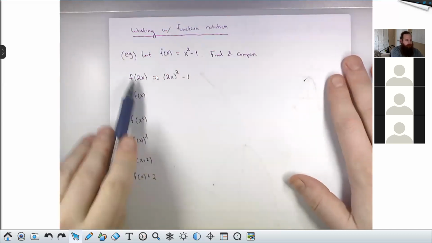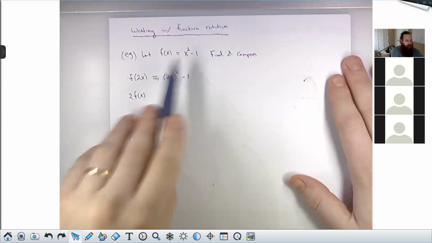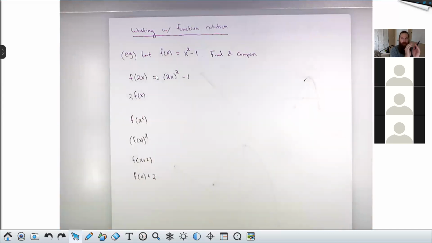So in other words, to find f of anything, you just take the formula and in parentheses, replace x by whatever the thing is that you want to find. So if I want to find f of 2x, that will be, okay, f of x is x squared minus 1. So f of 2x is 2x all squared minus 1.